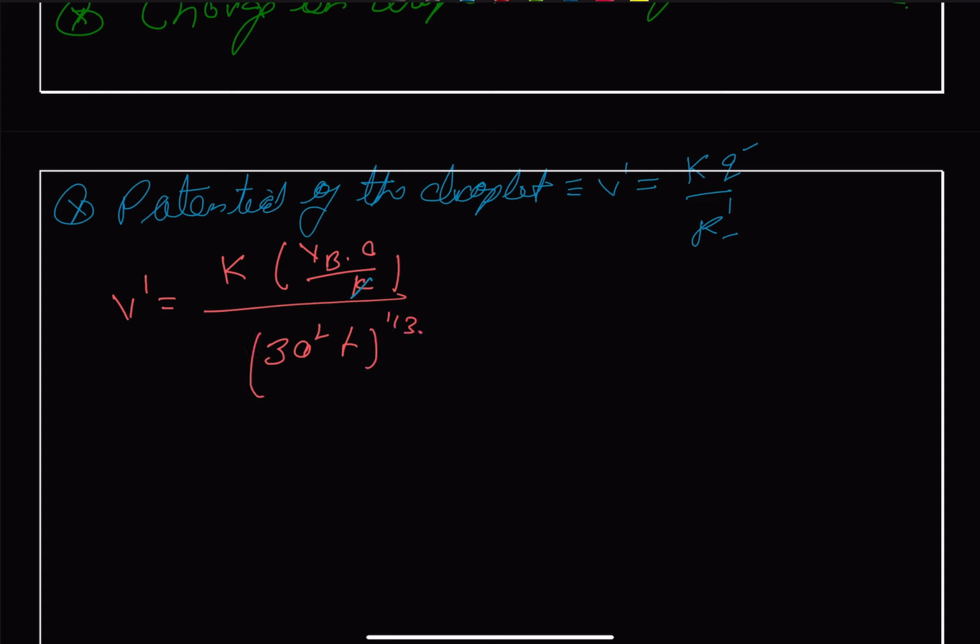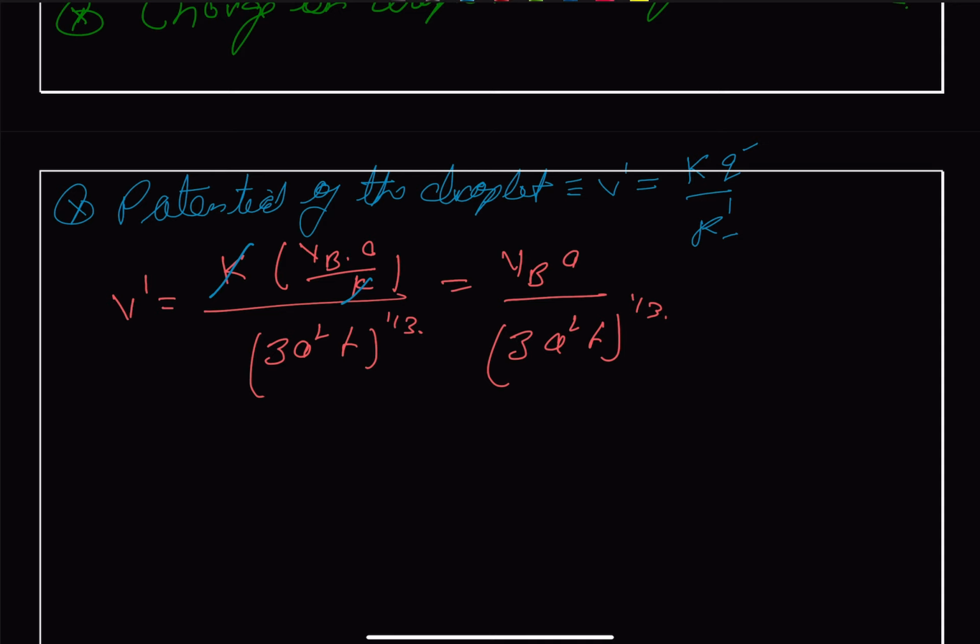So this K cancels with K, so we get this is equal to VBA divided by 3a square t, whole raised to the power 1 by 3.